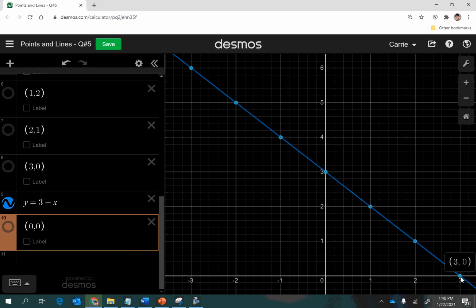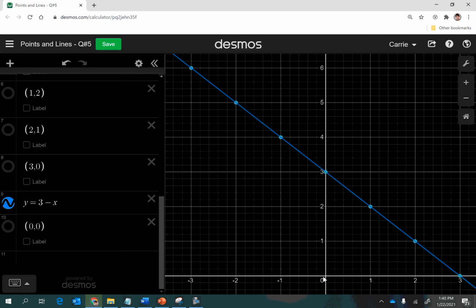Now, notice that y is equal to 0, because no matter where you go along this axis, y is always 0 because you don't move up or down from the starting line, as far as y is concerned.